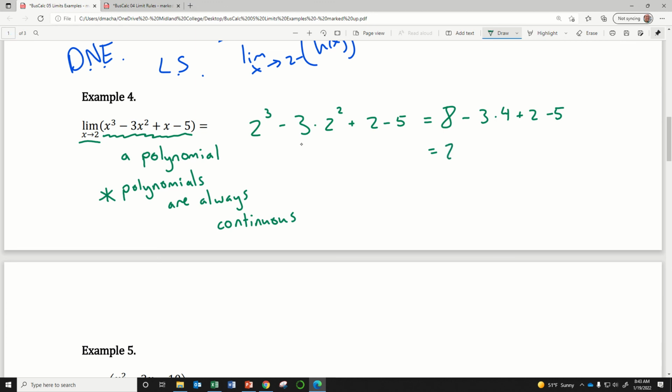So 3 times 4 is 12, and 8 minus 12 would be -4. -4 plus 2 is -2, and then -2 minus 5 is going to give me -7. So this was as easy as just evaluating that polynomial at the point.